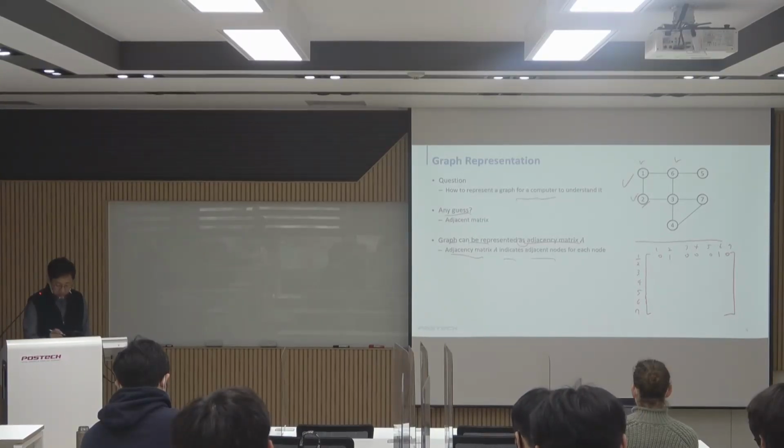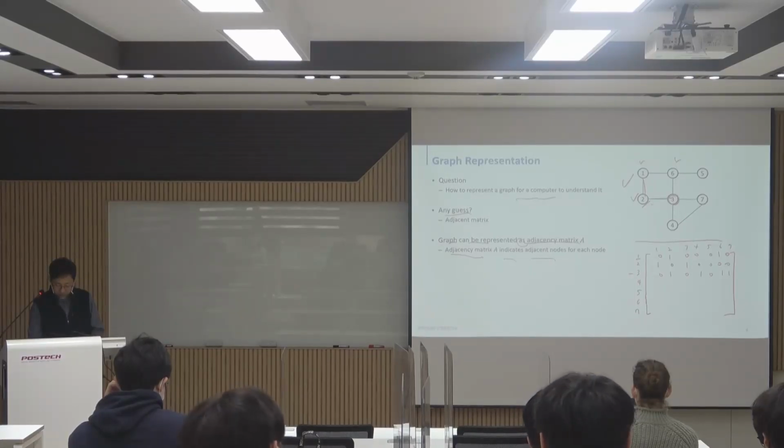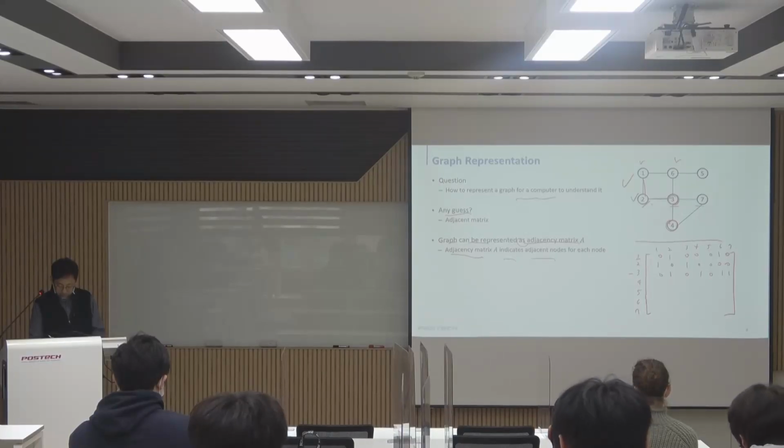Let's take this one, and 1 and 3. 1 and 3, and others are zeros. I'm going to keep doing it on 3, let's see. 2, 4, 6, 7. You guys see what I'm trying to do? 4, 3, 7.